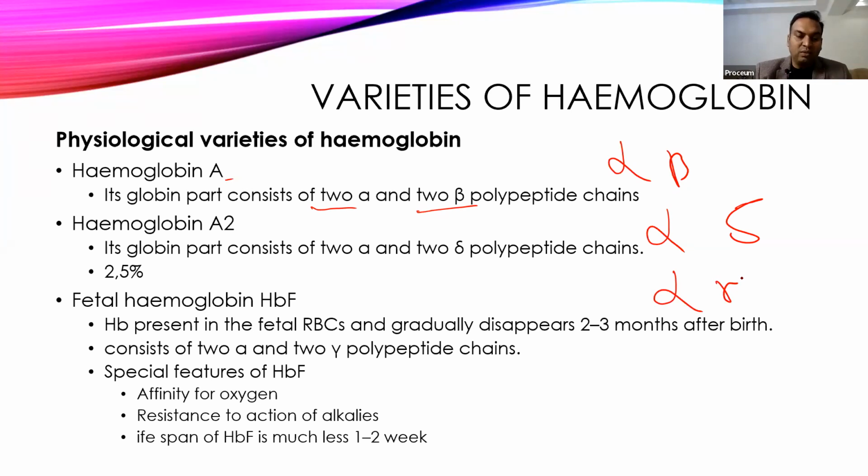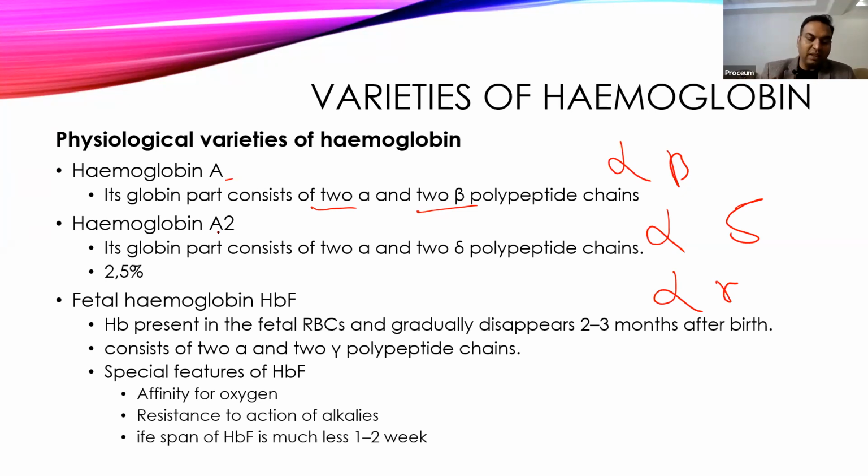Okay, now HbA and HbA2 are functionally almost similar, but HbF is a little bit different because it is specialized for the fetal circulation, and it has a very high affinity for the oxygen as compared to HbA, and because of that it can take the oxygen from the maternal blood into the fetal blood, because fetal hemoglobin has a higher affinity as compared to maternal hemoglobin.